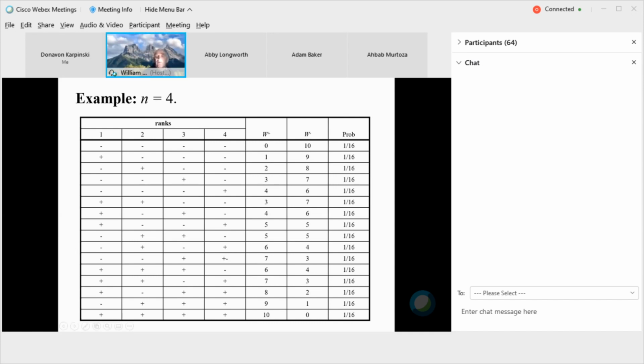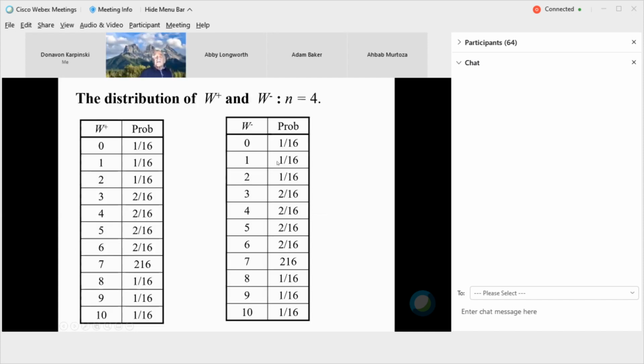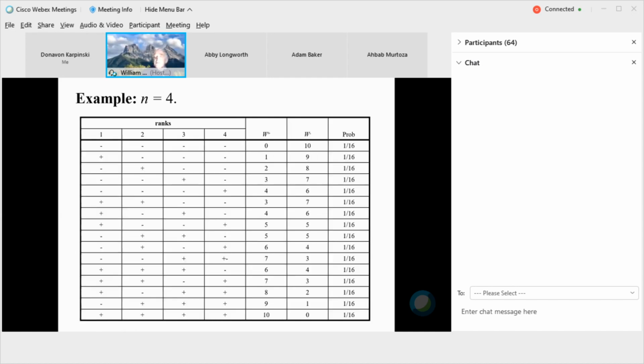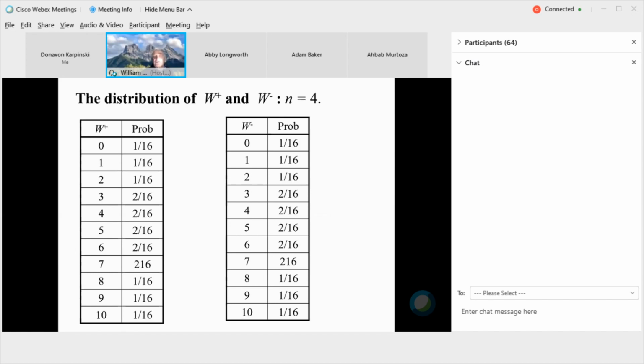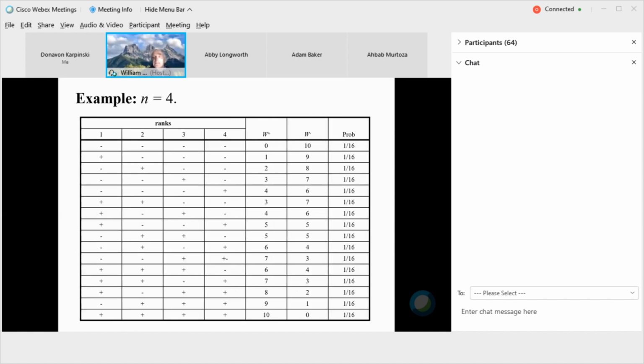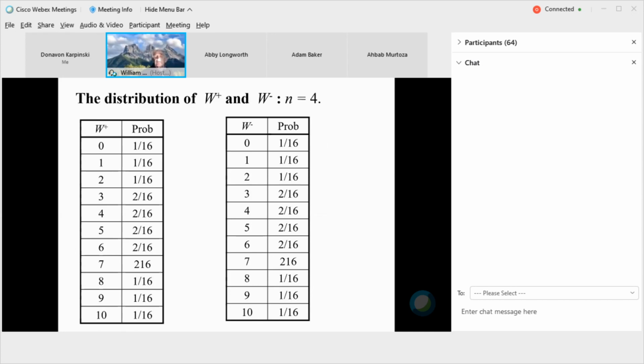Going through all of this, we get the distribution of W plus and W negative. W plus will be 0 for just 1 out of the 16 chances. It'll be 1 for just 1 out of the 16 chances, and so on. So this is the distribution of W plus and W negative when n equals 4, and the null hypothesis is true.